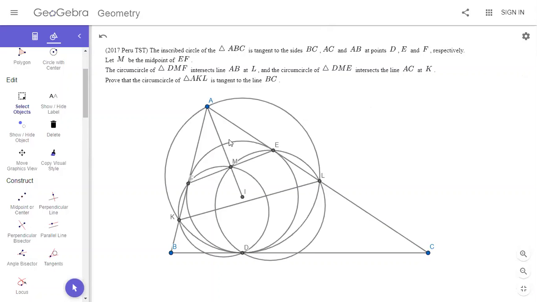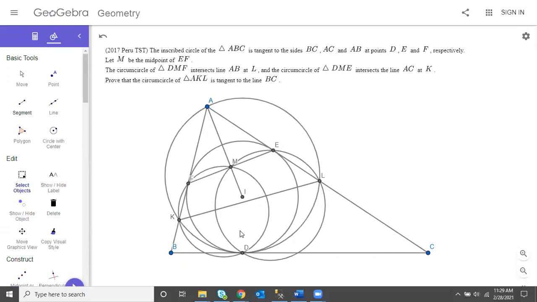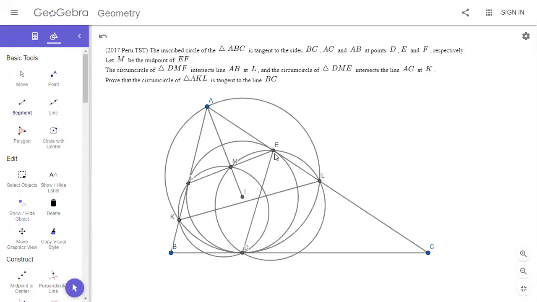So perhaps draw DE. I'm going back to I3435's suggestion. I think this problem is about power of a point. Anmol asks, are these three segments concurrent? Which three segments are you thinking of, Anmol?